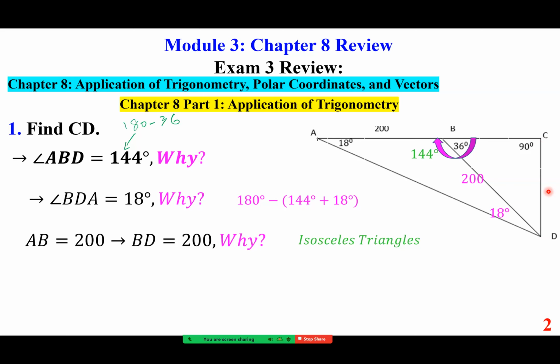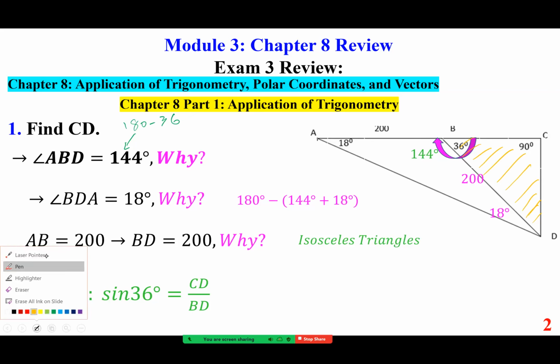Sine, so in this triangle BCD, sine of 36 degrees is the opposite, which is CD, over BD, the hypotenuse. Let me shade that. So this is the triangle of interest.